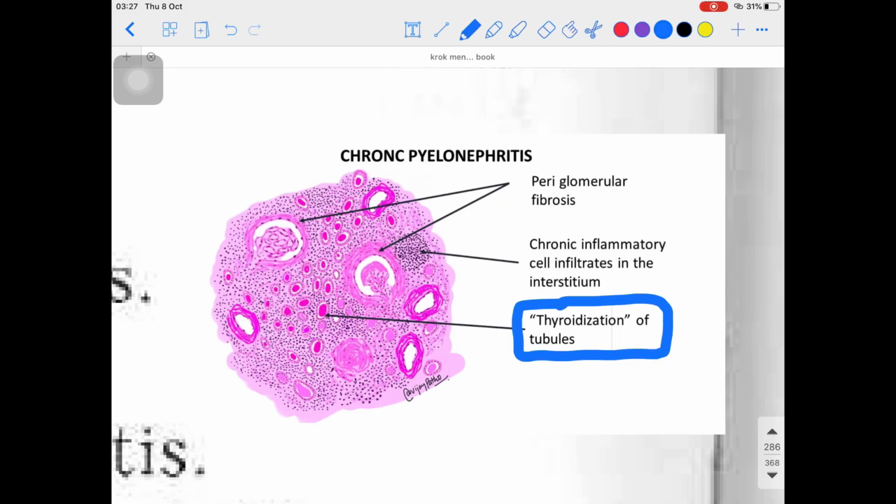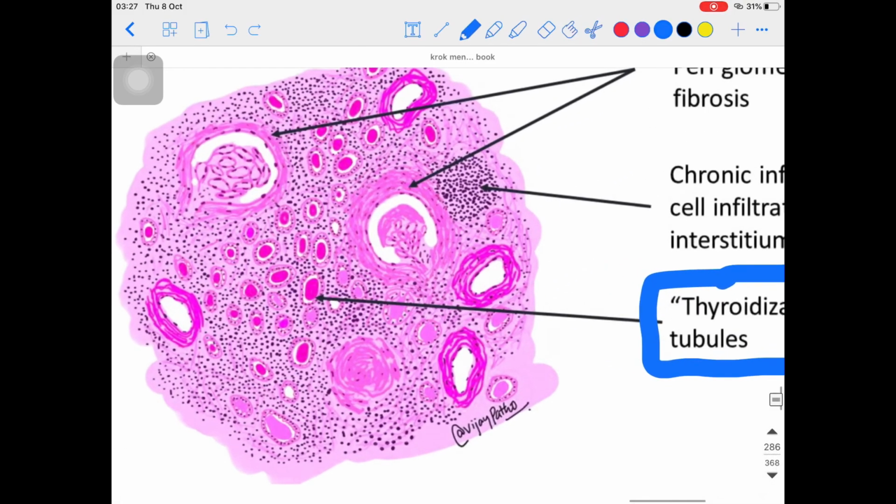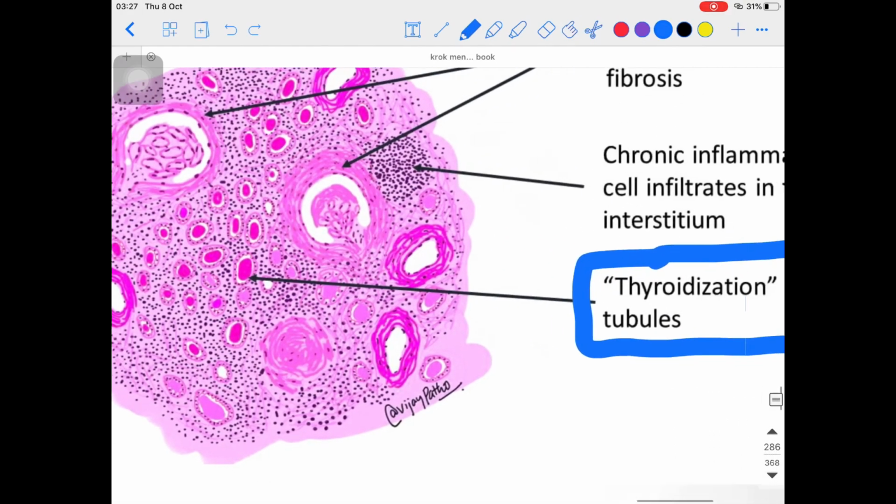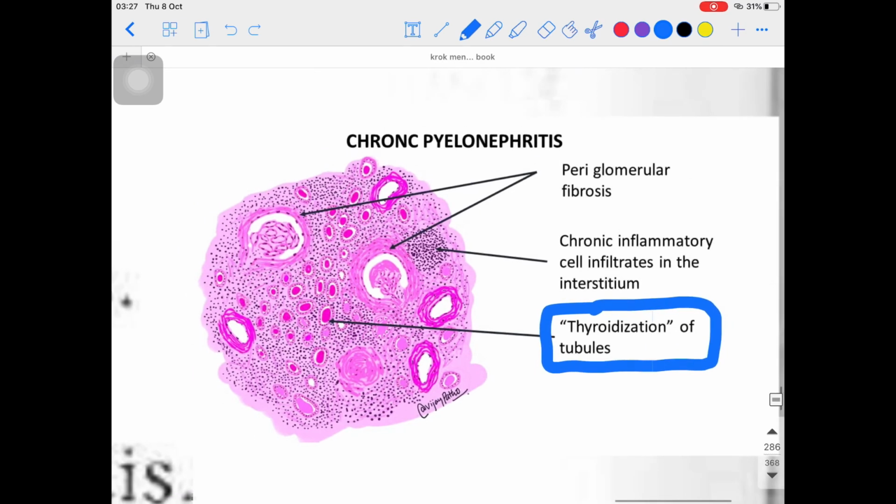So you can remember that here also we call it thyroidization of the tubules because of the atrophy and hypertrophy of some of the tissues. For example, here you can see the hypertrophy of some of the tubules. I will remove the markings so that you can really appreciate. These kinds of markings we call thyroidization of tubules, and this is seen where? This is seen in chronic pyelonephritis.